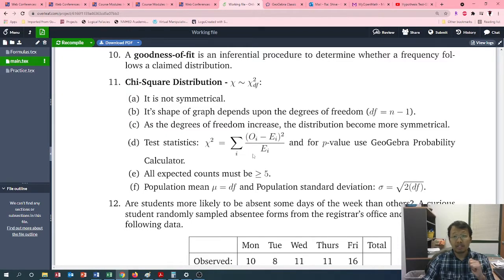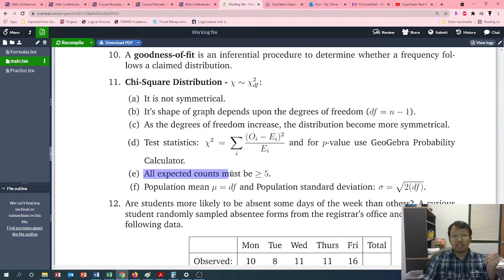If there are n categories, then it runs from 1, 2, 3 up to n. O means observed values, the real values. E means expected, or whatever we have assumed in our logical manner. For the p-values, we don't go for tables. We will simply use the GeoGebra probability calculator, and we will see how that is done.